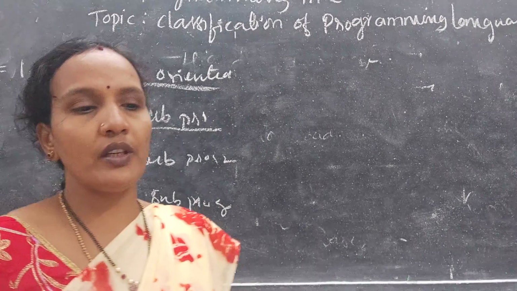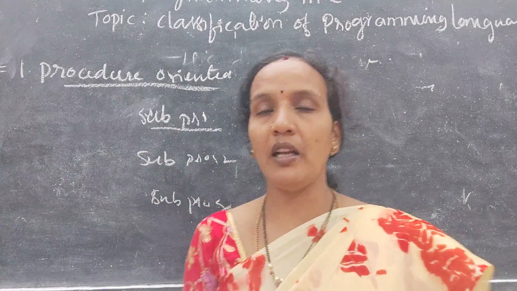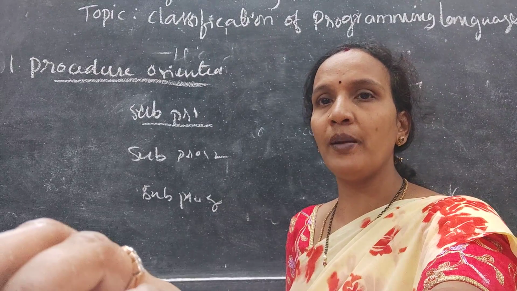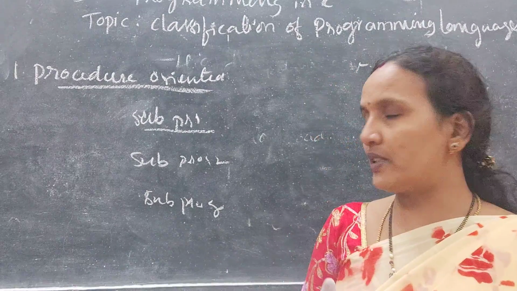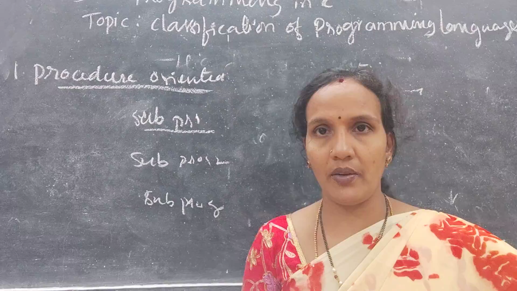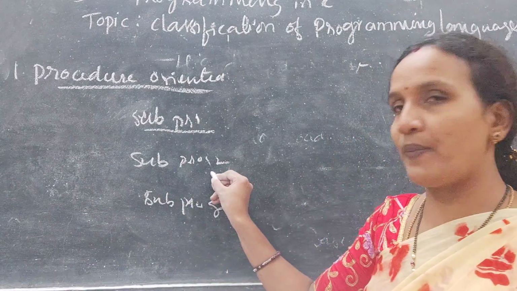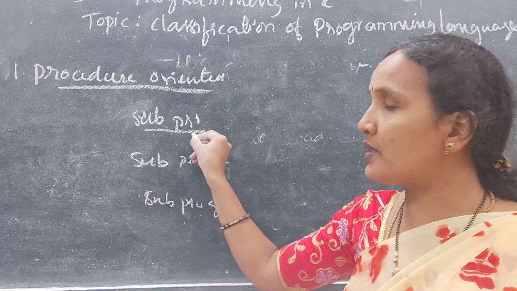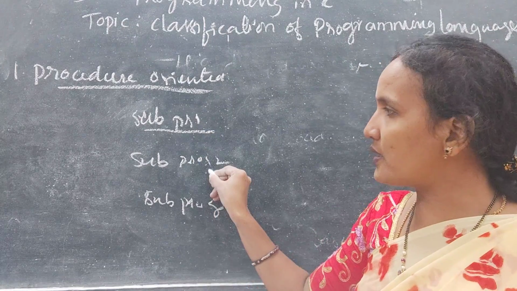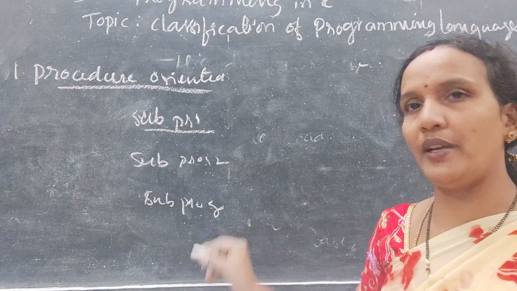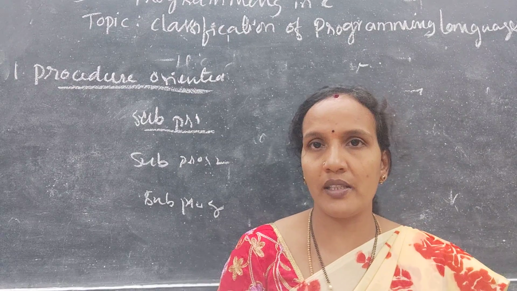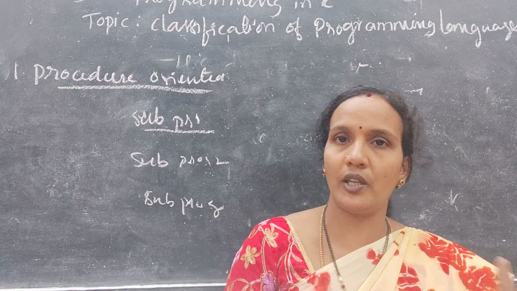So in procedure oriented, whatever program is there is divided into different parts, and each part is executed according to the given order. For example, this section depends on this one, and this section depends on this one. So first this section should be executed, next the second one, next the third one. Whatever subprograms are there, as I already said, the total program is divided into different parts.